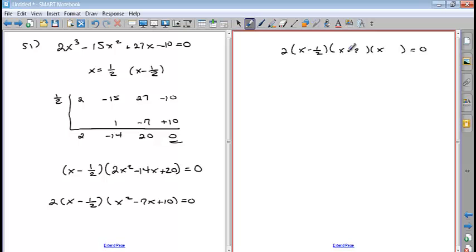So you'd have x minus 2 and x minus 5. If I multiply that back out, I'll get x squared minus 7x plus 10. So my zeros are going to be x equals 1/2, which is the one they gave us, x equals 2, and x equals 5.